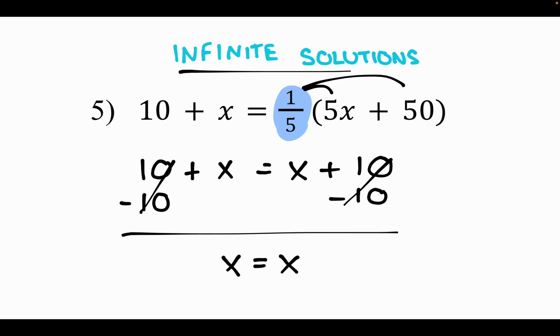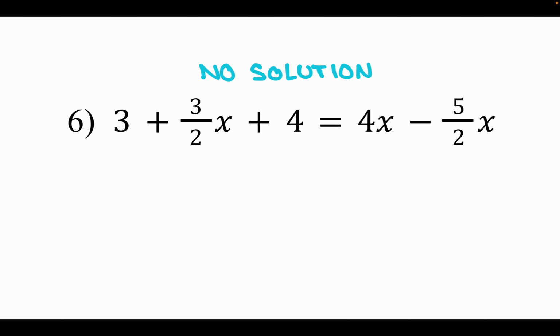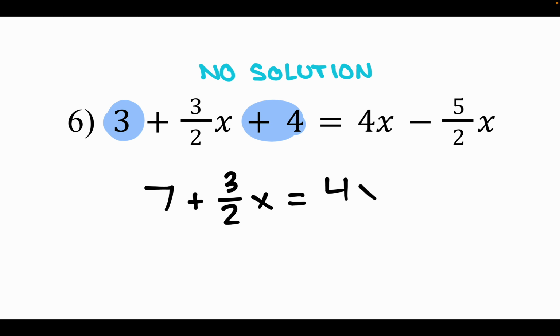For number 6, this is the opposite situation where there is no solution. So let's go through and solve it. So on the left side, I can combine 3 plus 4 to make 7. So that leaves me with 7 plus 3 over 2x equals 4x minus 5 over 2x.